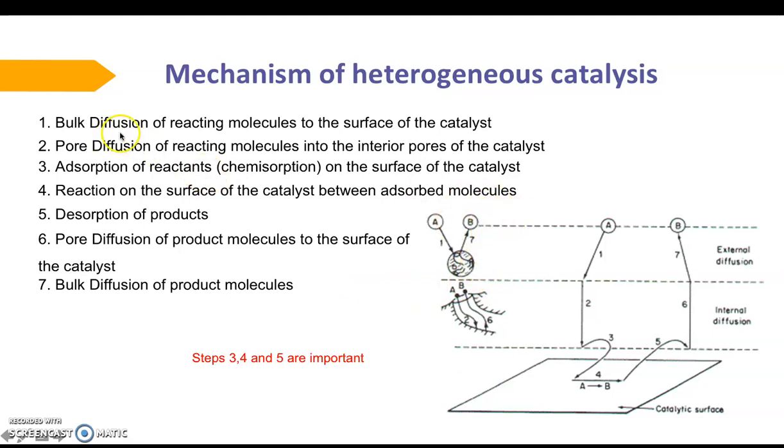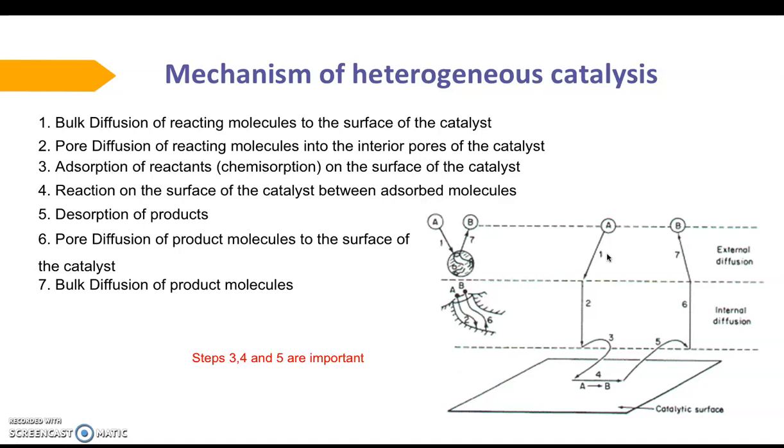The first step is bulk diffusion. This diagram reflects this explanation. Bulk diffusion, also known as external diffusion, brings the reacting molecules to the surface of the catalyst. Diffusion is something you have learned in your mass transfer.